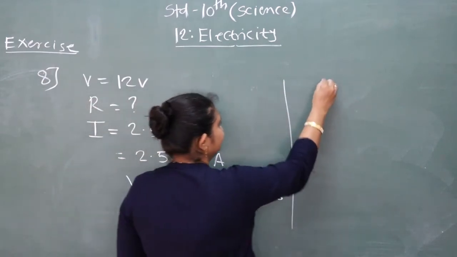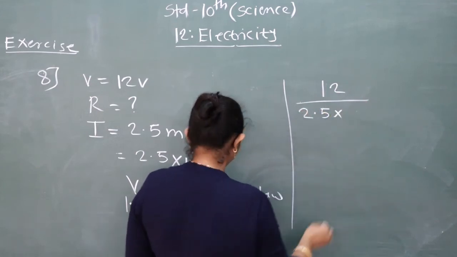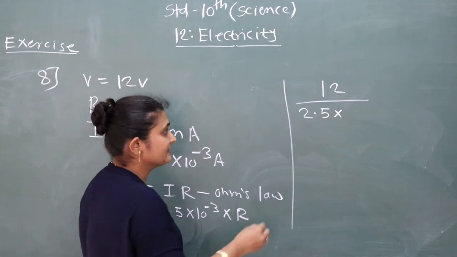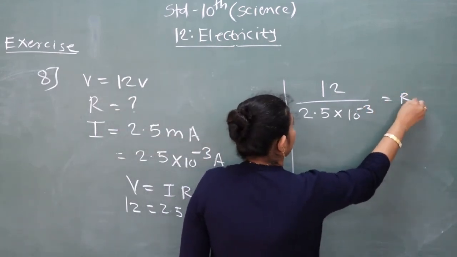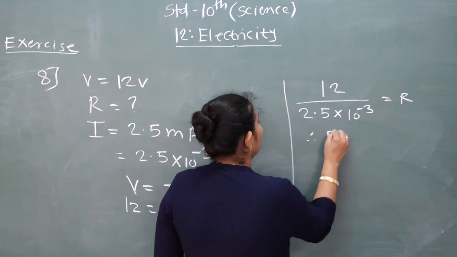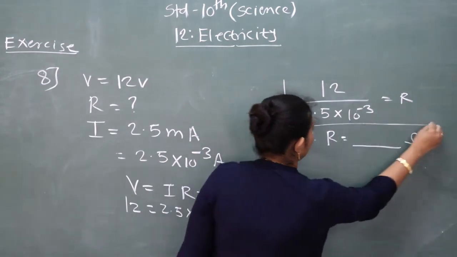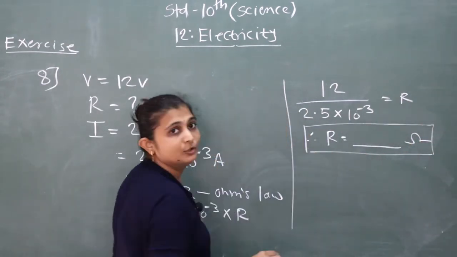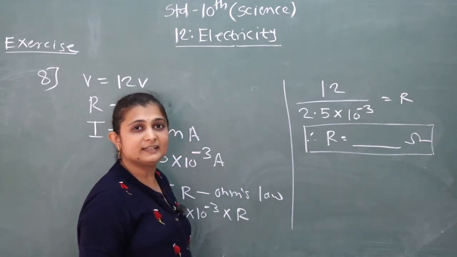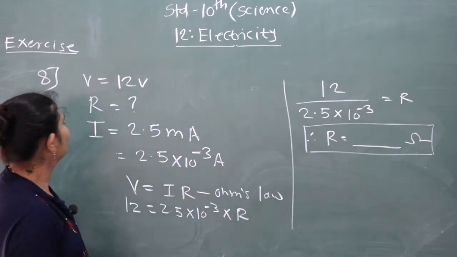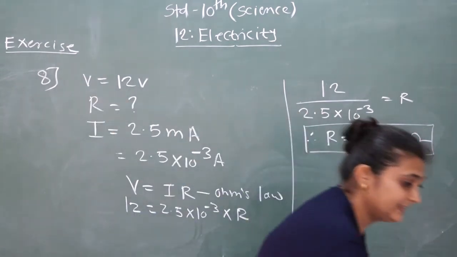Divided by 2.5 into 10 raised to minus 3. Therefore R is equal to, please calculate this value. Don't use a calculator at home, you have to solve by regular calculation. Correct? Note down this one, 8.1, and write the answer in the comment box. We will see the next question.